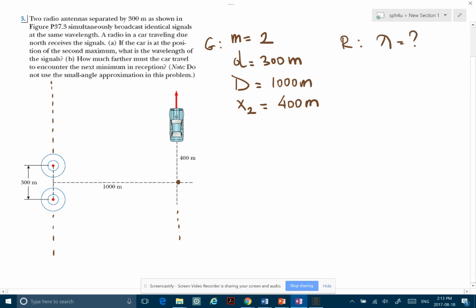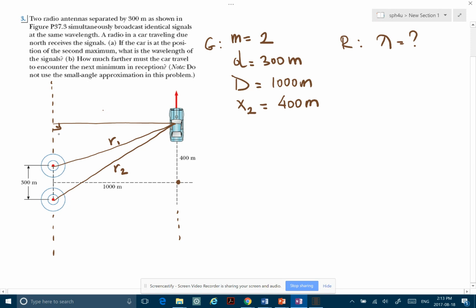Okay. So since we cannot use the approximation, we're going to use some geometry. Okay, so I'm going to draw a line here that is perpendicular to the plane of the antennas, and then I'm going to draw the two paths that the signal has to travel. So this is R2, this is R1. So here's what we have now.